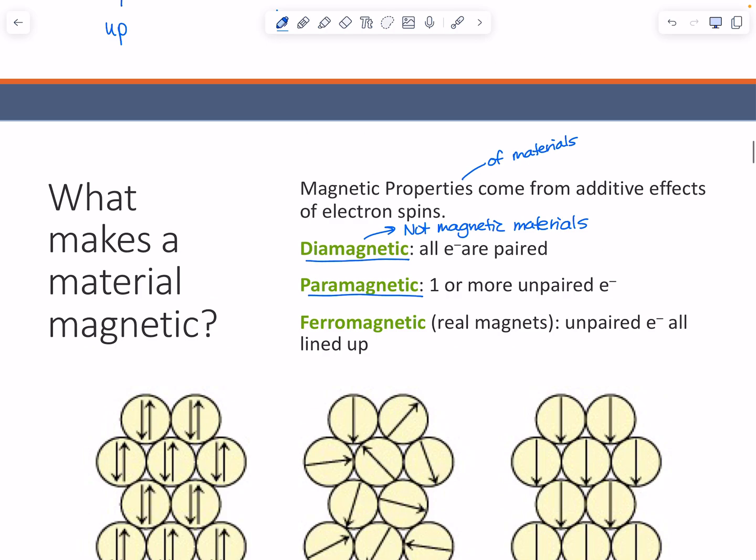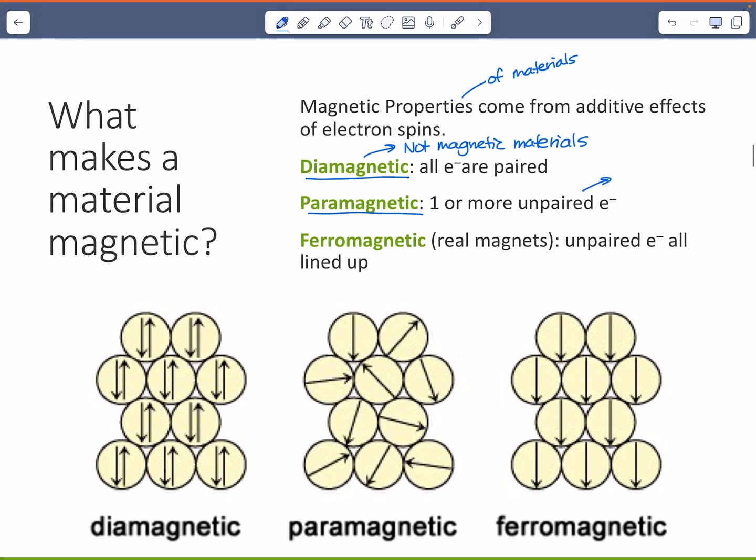So, one or more unpaired electrons, and then what we call the magnetic moments. These little arrows that are shown on the slide in the circles, those are magnetic moments, which means if you're thinking of the north and the south pole of a bar magnet, then the arrow's pointing to the North Pole, and the beginning of the arrow is the South Pole.